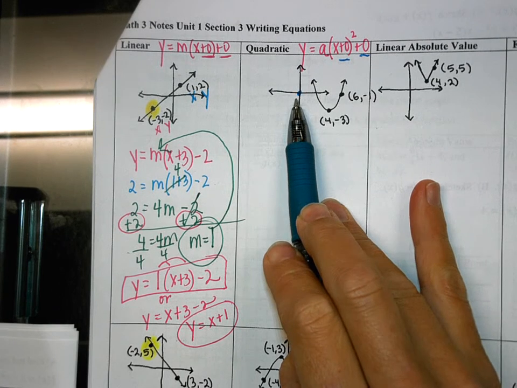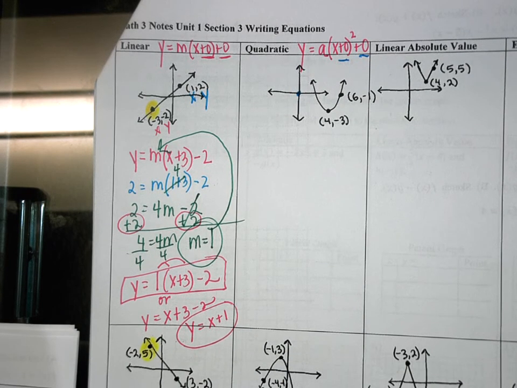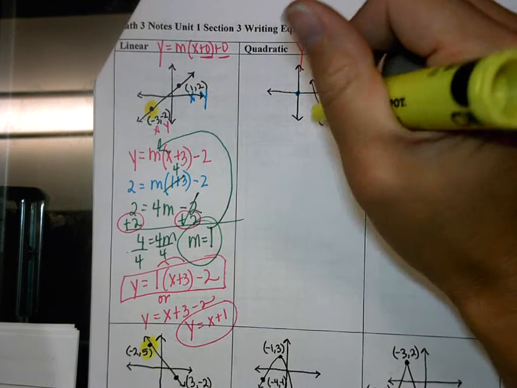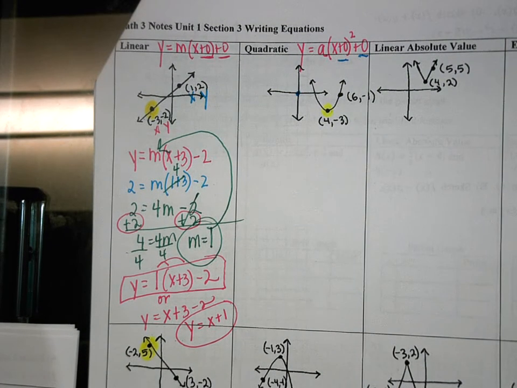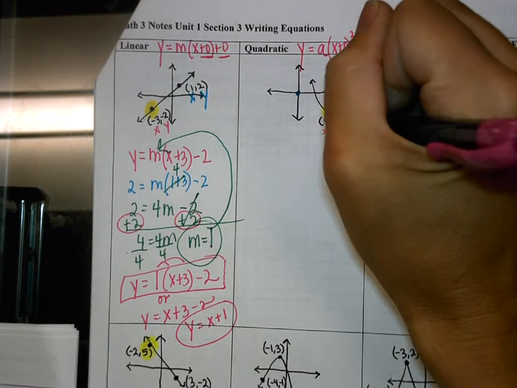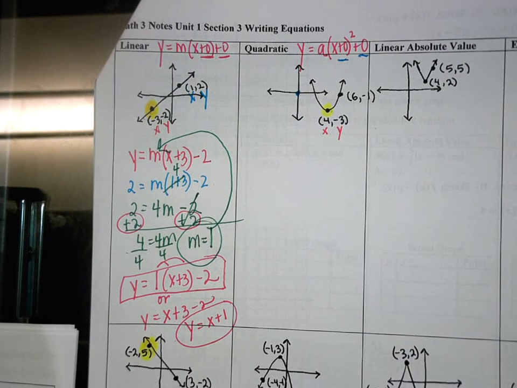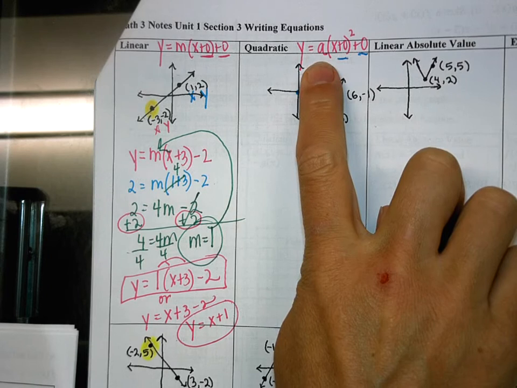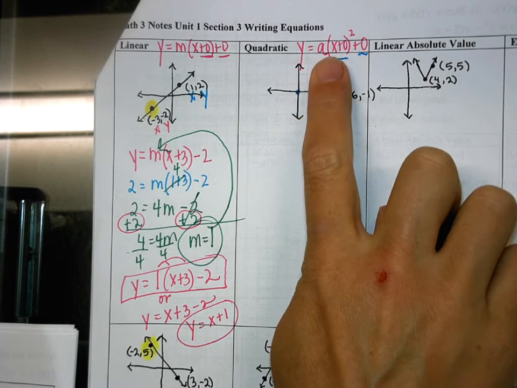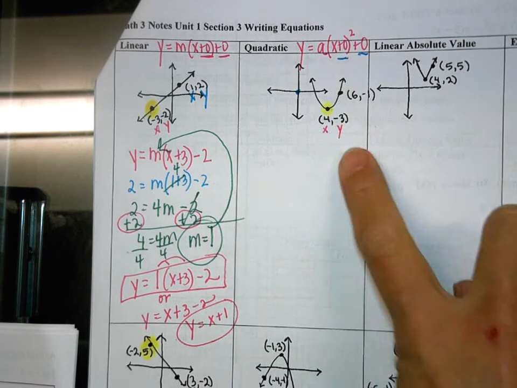Okay? Now this vertex is not at 0, 0. It is at 4, -3. So we are going to take this information and plug it into our quadratic equation, or here, with these values.